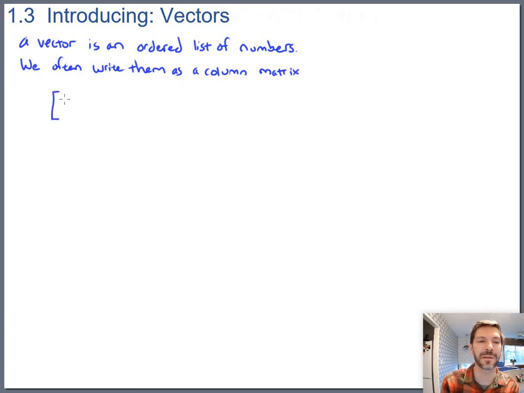So for instance, something like 2, 3, or -3, 1. I don't have to have two entries, of course. You could certainly have a vector that has lots of entries.